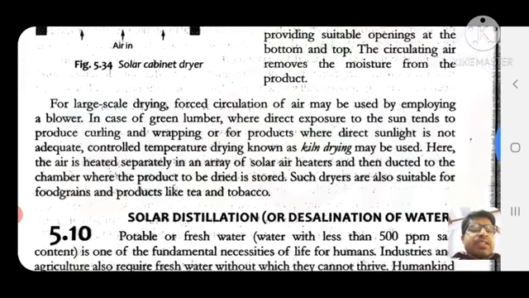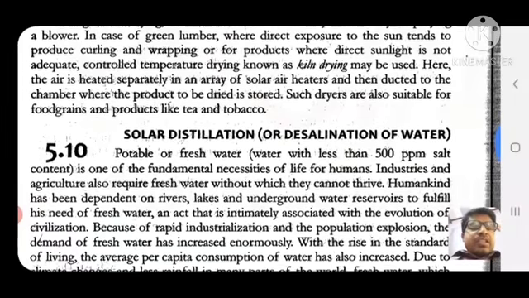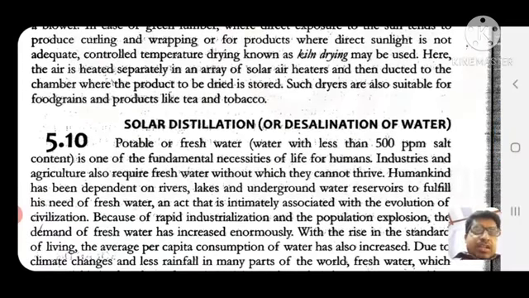Next one is solar distillation, or desalination of water. Actually, potable or fresh water with less than 500 ppm (parts per million) salt content is one of the fundamental necessities of life for humans.